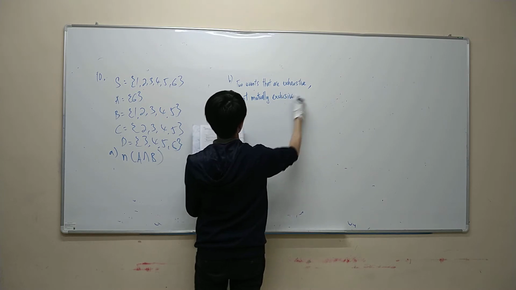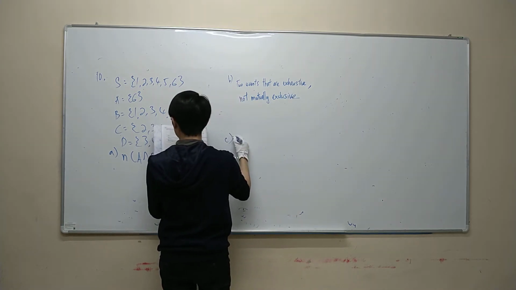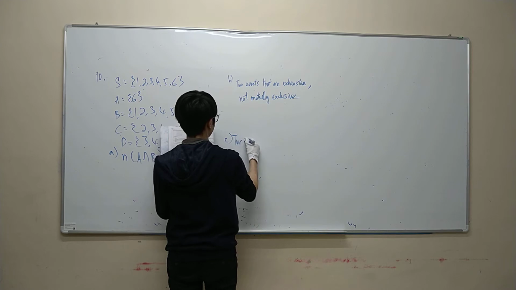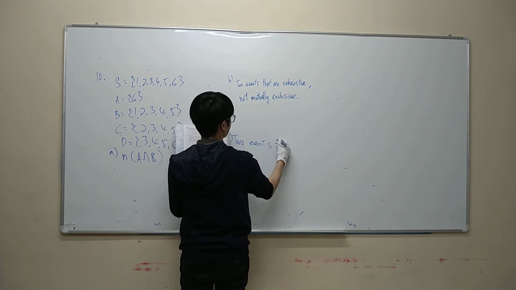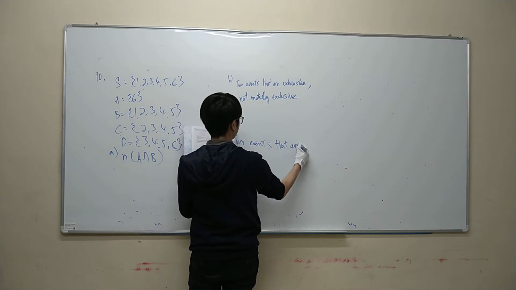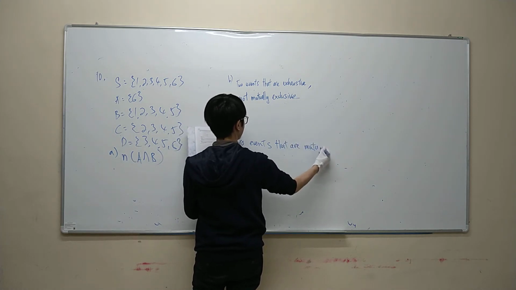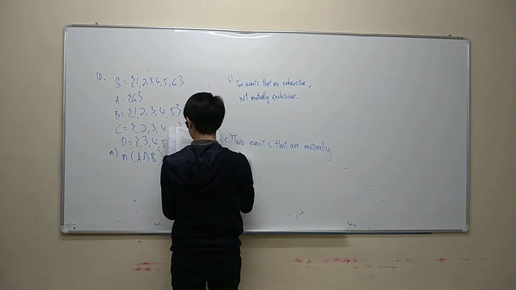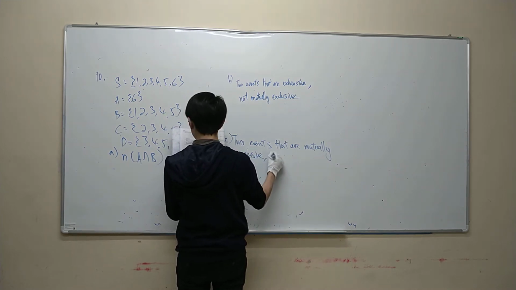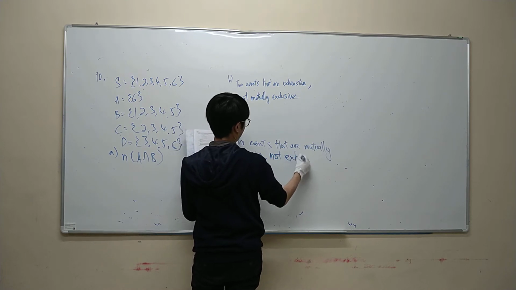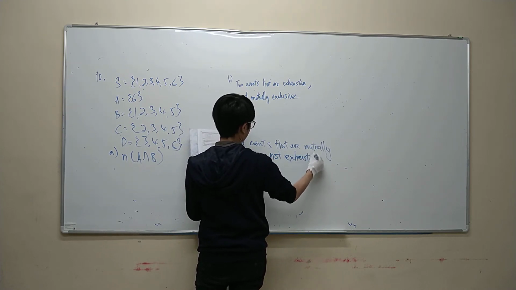And then for the last question is the same thing. Also determine the two events that are mutually exclusive but not exhaustive. Apa ni? Apa maksud ni?